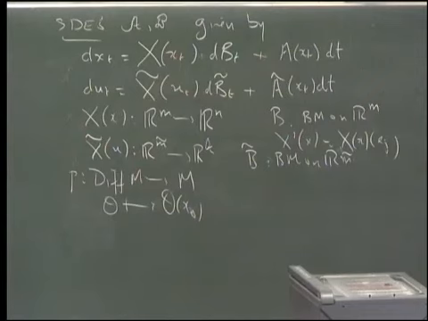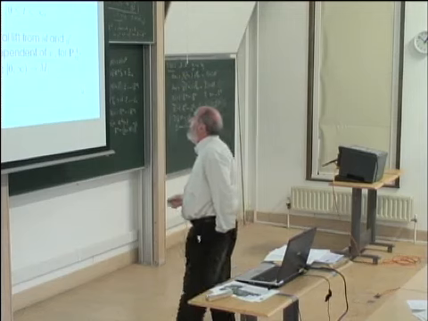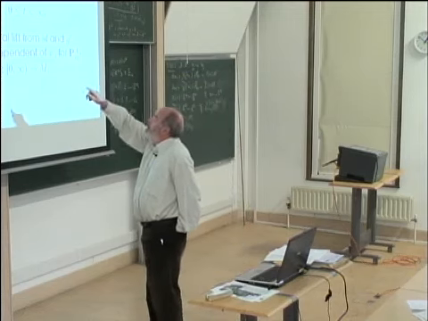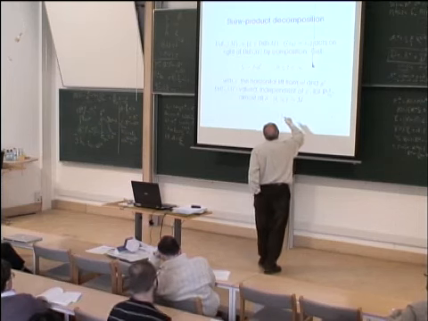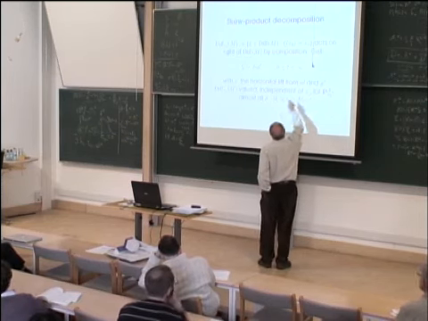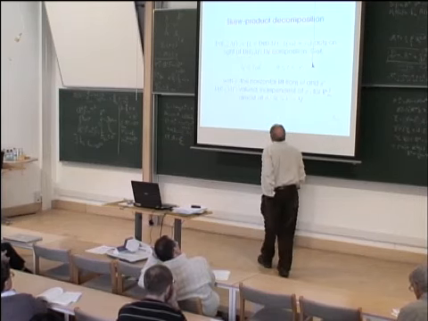So my flow, from what I've been saying just now, gets a skew product decomposition into something which depends only on the one-point motion, that's the x tilde t, and the other one is vertical. It's independent for each sigma, it's driven by an independent noise.